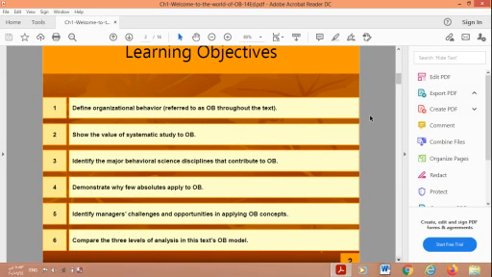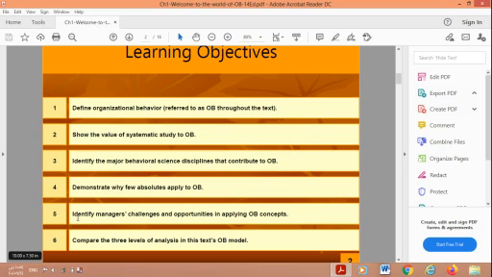The learning objectives of this chapter can be summarized as follows. The first objective, we will define the organizational behavior, and we will show the value of systematic study of organizational behavior. We will identify the major behavioral science disciplines that contribute to the organizational behavior, and also we will demonstrate why few absolutes apply to organizational behavior.